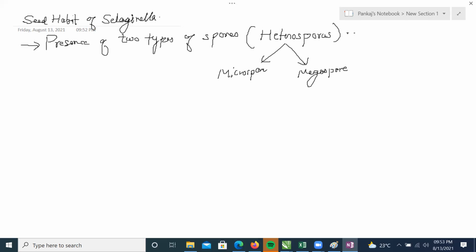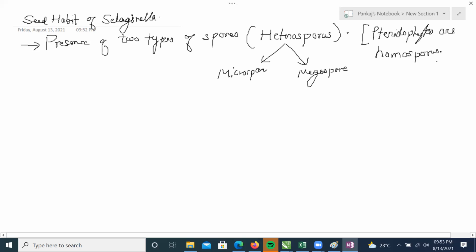So write somewhere in brackets that pteridophytes are homosporous. That means they have only a single type of spore. Or we can say only a few pteridophytes have heterospory. Selaginella is one of them.